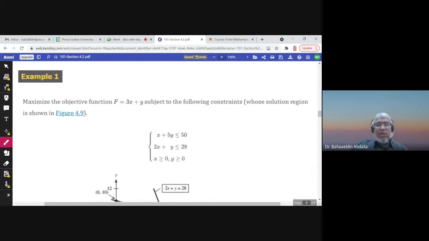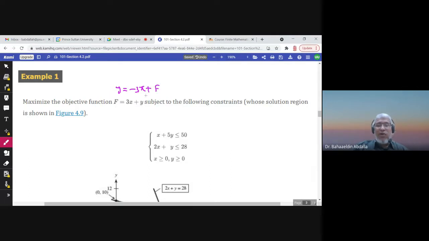Let us see this example. Minimize the objective function. So the question is to find the minimum. This is a linear function. If you solve this function for y, for example, take 3x to the other side, so it's y equals negative 3x plus f.